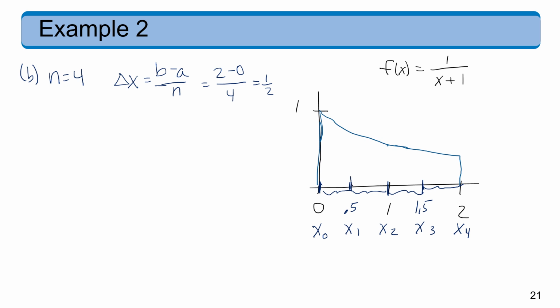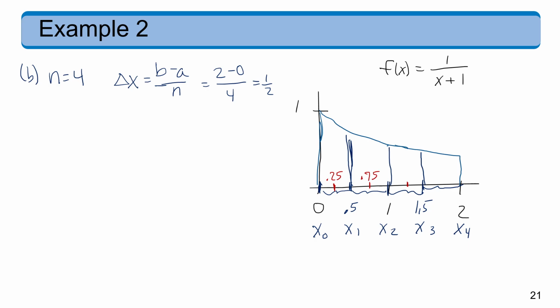Now we can start sketching in our rectangles so that we know the sides are coming up at those subdivisions. And then for determining the height, we need to label midpoints. So the first subinterval goes from 0 to 0.5. So halfway between there would be at 0.25. And then the next one, halfway between 0.5 and 1, is 0.75.